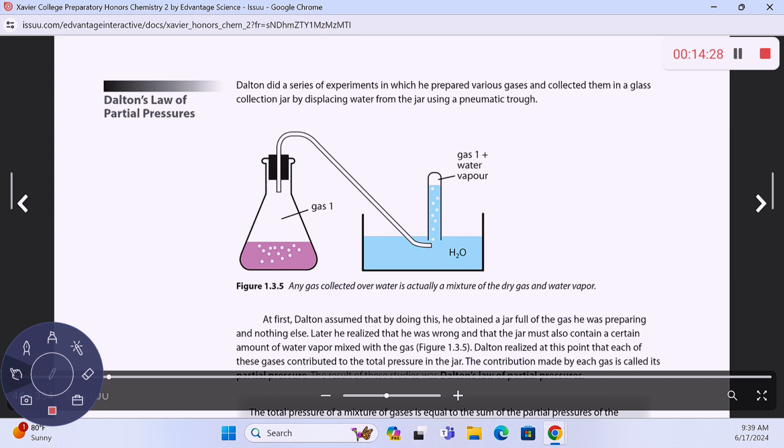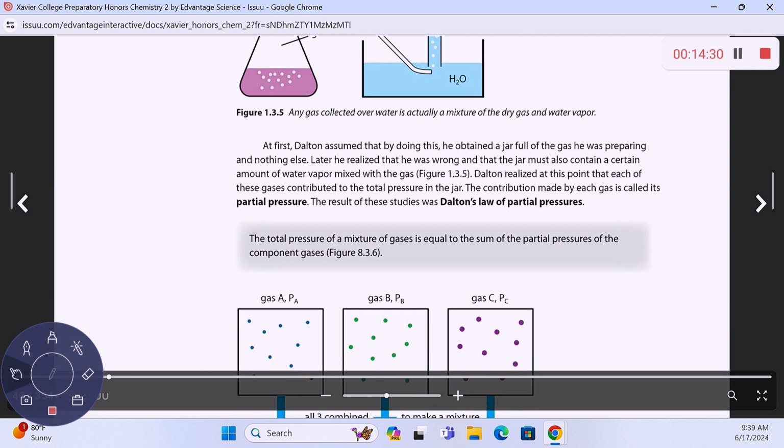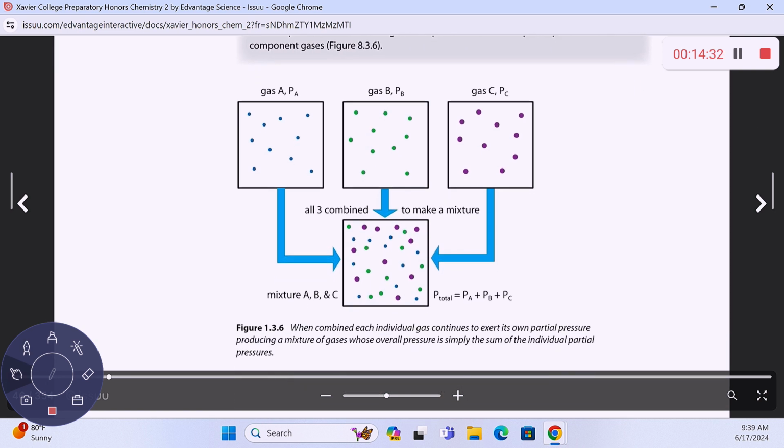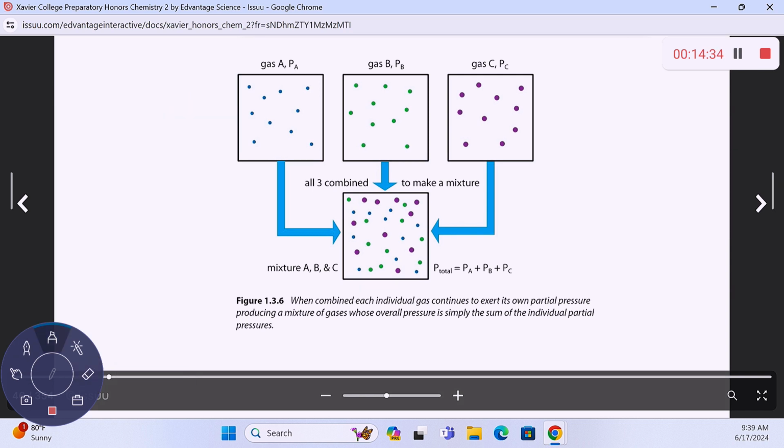So if you take a look down here, Dalton's law of partial pressures is also, and I will give you this equation, the total pressure is equal to the individual gas pressure. So the pressure of gas A plus the pressure of gas B plus the pressure of gas C. They call these individual pressures partial pressures. So this would be the partial pressure of gas A or the partial pressure of gas B.